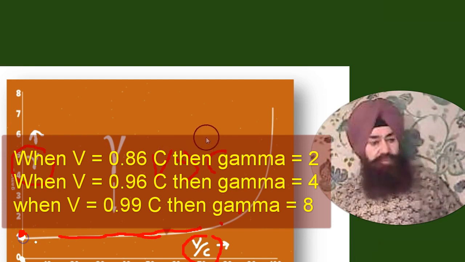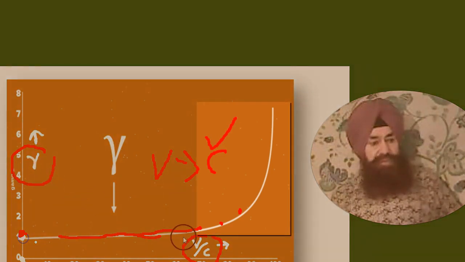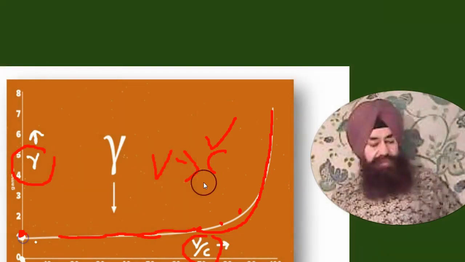So if velocity approaches the velocity of light, then there is a drastic change in the value of gamma. Gamma increases. There is an abrupt, large increase only when v approaches the velocity of light.